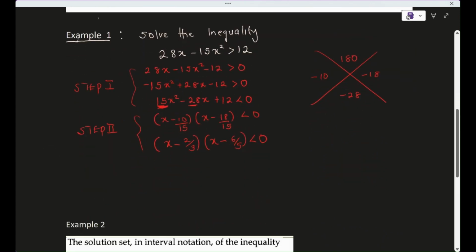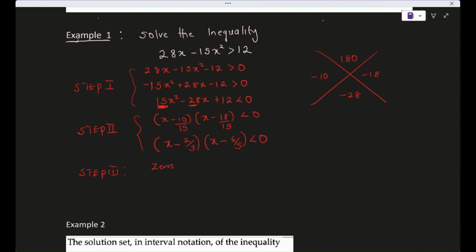So now in step 3, we just take the zeros of the polynomial, which will be x equals 2 over 3, and x equals 6 over 5.